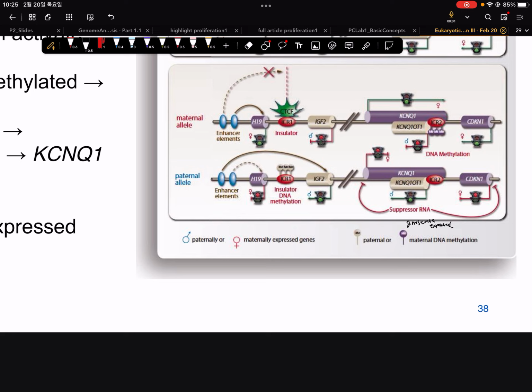This is just the normal conformation of the enhancer elements. They don't show the looping. That's the annoying thing. But these two are separated from each other by this looping. So they are in different parts. This is in one loop and this is in another loop. And that is why these enhancer elements cannot reach IGF2.